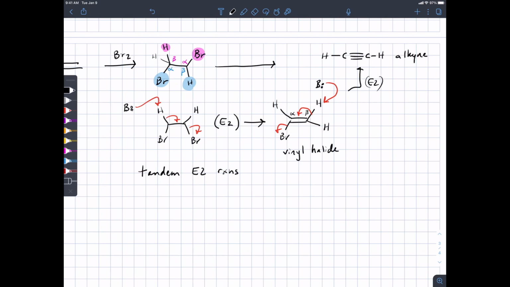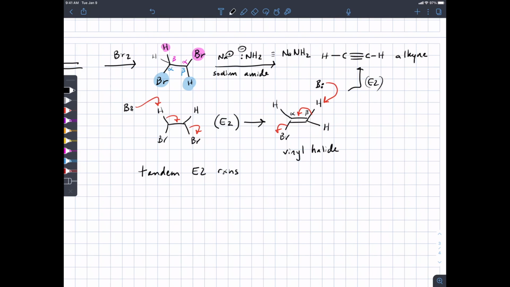And so what kind of base do we want to use? Your text proposes a couple of options. I think I will give you one, and this is NH2 minus Na plus. This is an ionic compound. It will often be written NaNH2. It's called sodium amide.